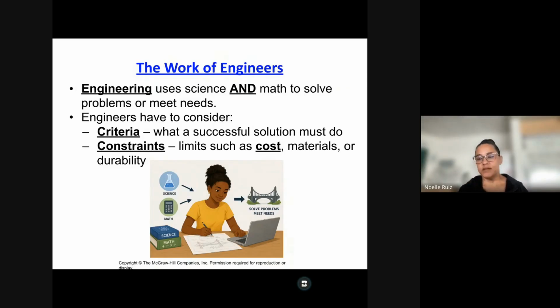So it's comparable to architects and engineers. Architects, if you don't know what an architect is, an architect will draw out a beautiful house for you. This is what we want the house to look like. This is what we want the kitchen to look like. Look at how pretty all of this is. Well, a civil engineer or a structural engineer will come in and use math to make sure that house is proportional and will stand upright and the walls won't blow down in the wind.